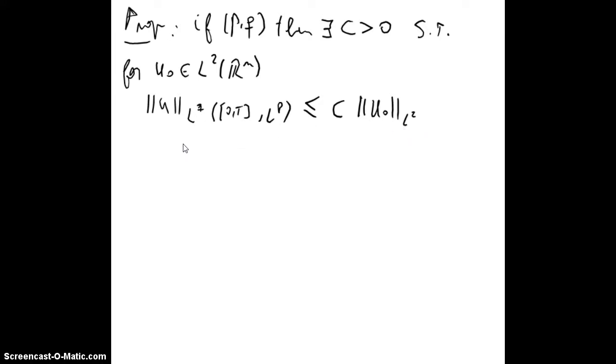And we can see here in this case that u(t) is equal to W(t) u_0, and recall always W(t) is the unitary group of operators.